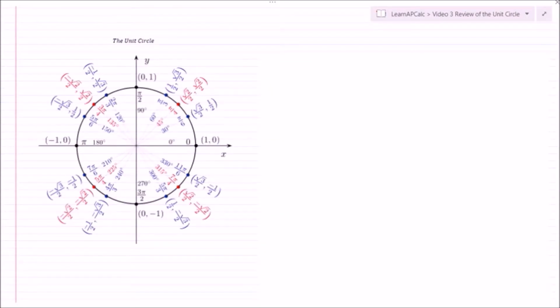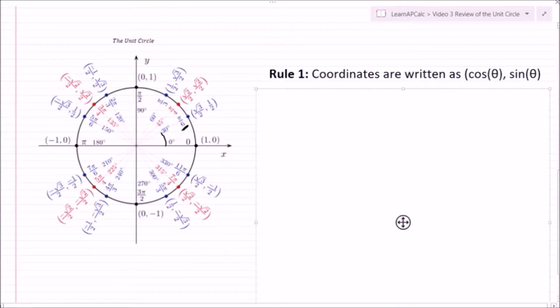Alright, so if we want to memorize the unit circle better, we should probably understand what these values mean on the unit circle first. So what we basically have is angles from the origin here, and I'm denoting them as theta. So here we have this angle pi over 6, or theta equals pi over 6. And that brings me to my first rule, which is that the coordinates on the unit circle are written as cosine of theta, comma, sine of theta.